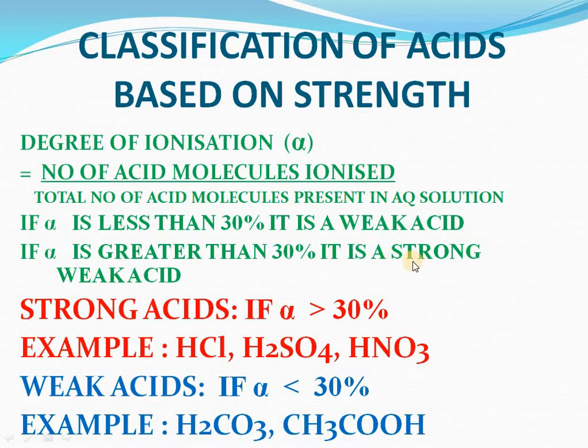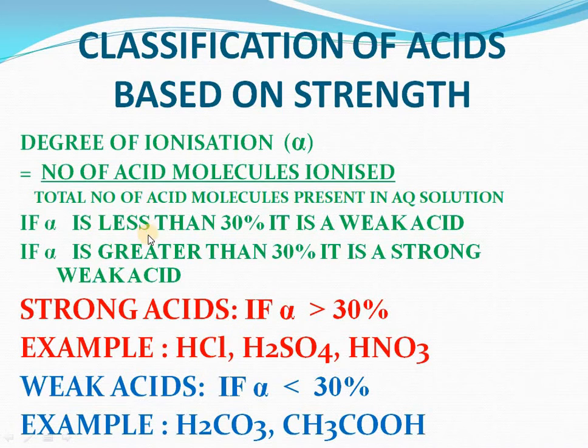How many hydronium ions are formed from HCl? It means how much percentage of dissociation there is. If I take 100 molecules of HCl, how many molecules convert into hydronium ion? Whether 100 to 100 convert or 100 to 40. If only 40 convert, it means 40% dissociation. If 100 molecules of HCl give 100 molecules of hydronium ion, the degree of ionization is 100%.